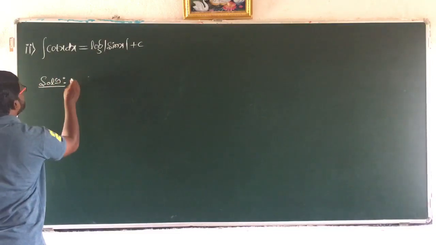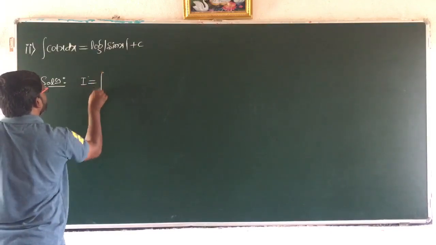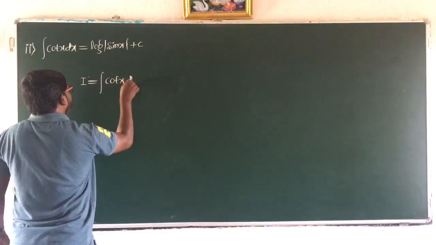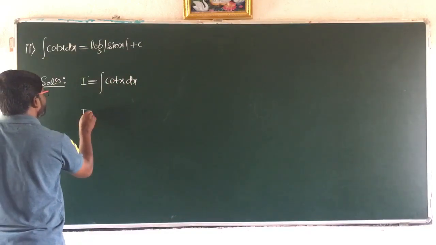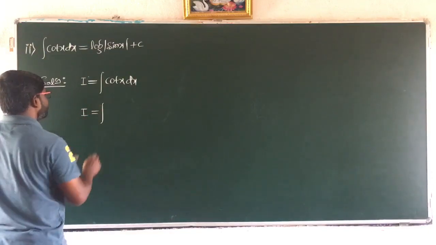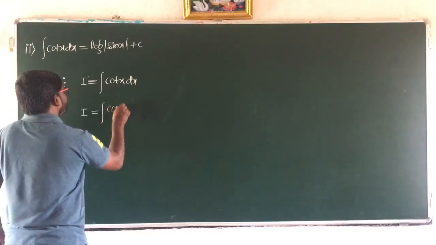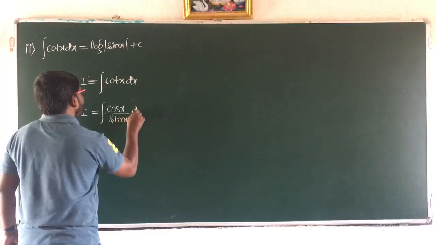See here. The given integral is I, which is equal to integral cot x dx. Now cot x can be written as cos x divided by sin x, so it is cos x divided by sin x dx.